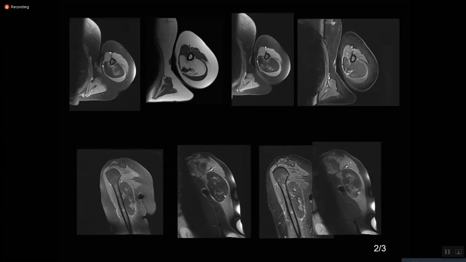This contains quite heterogeneous tissue of various signals. A large part of it is hyperintense on the T1 and saturates out on the fat-saturated sequences, consistent with macroscopic fat. But there's also a T1 isointense soft tissue component that appears to be enhancing after the administration of contrast, and some low signal foci which probably represent the calcification.